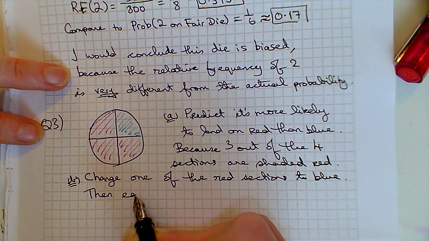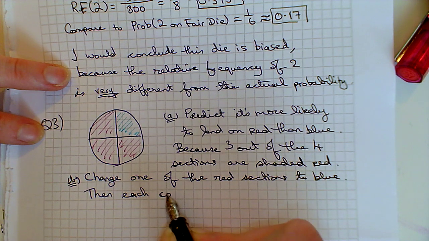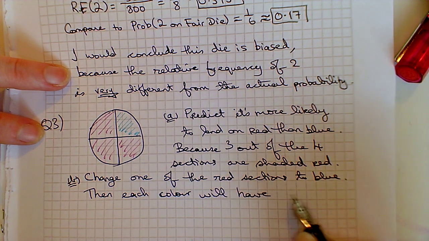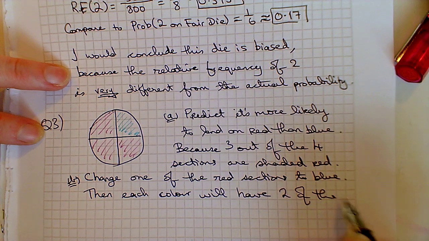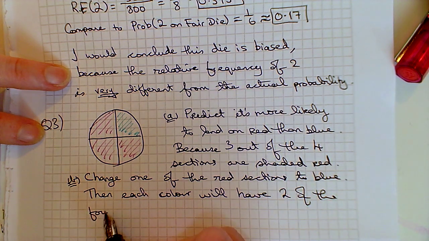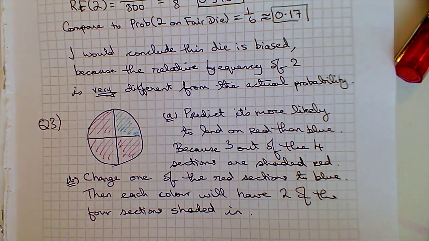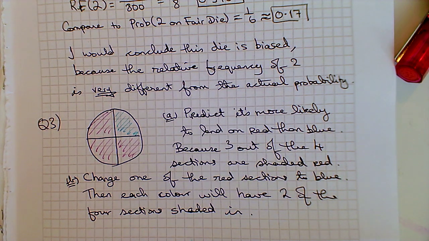Then each colour will have 2 of the 4 sections shaded in. So there'd be 2/4 would be red and 2/4 would be blue, which means there's a half probability of each of them coming up.